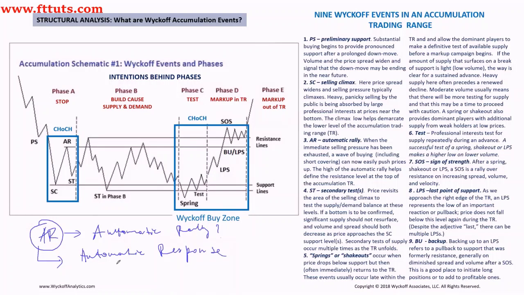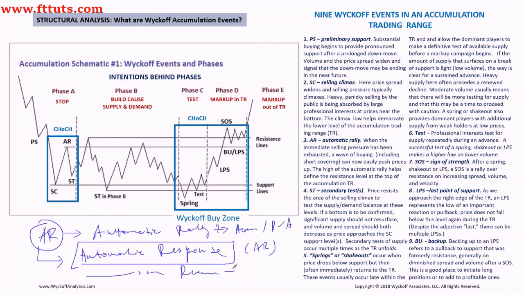It's the same letters, AR, but obviously we want to say automatic rally for accumulation and reaccumulation, and we want to say automatic reaction for distribution and redistribution. And then obviously in the reaccumulation and redistribution, we're going to change that, and I'll talk about that. But for now, I just want you to remember that AR, this rally right here, is basically an automatic response.